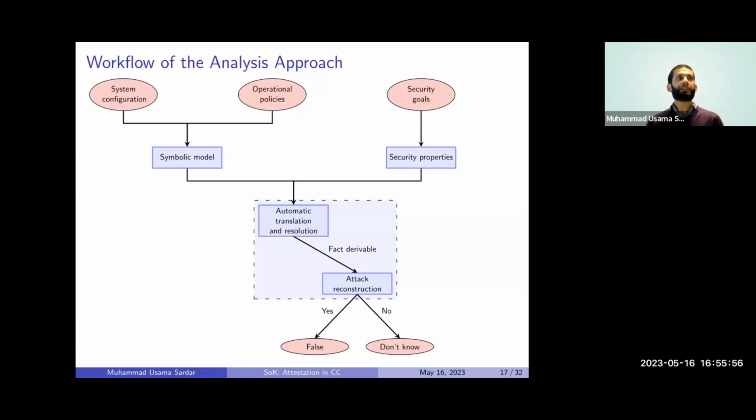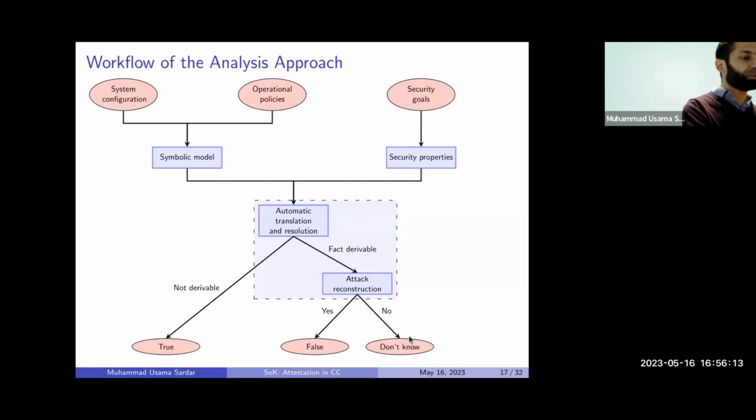ProVerif is not complete. It could also happen that at the Horn clause level it resolves, but unfortunately at the applied pi calculus level it cannot reconstruct the attack. In that case, we have an answer of don't know, and then we have to look at the Horn clauses. The third possibility is that the fact is not derivable at the Horn clause level.